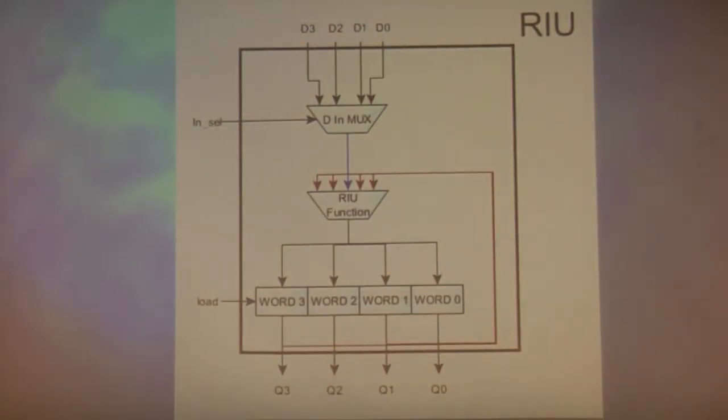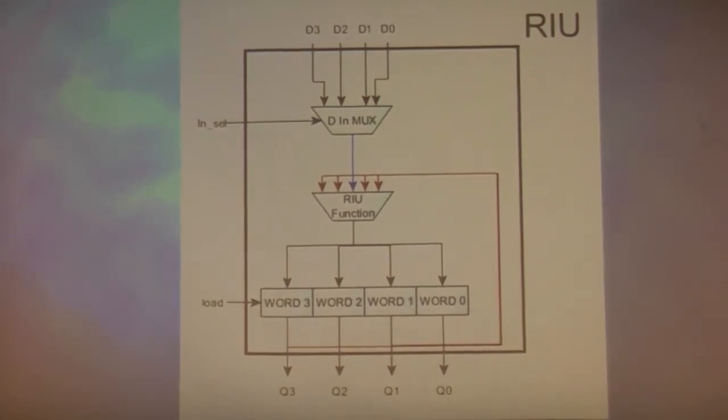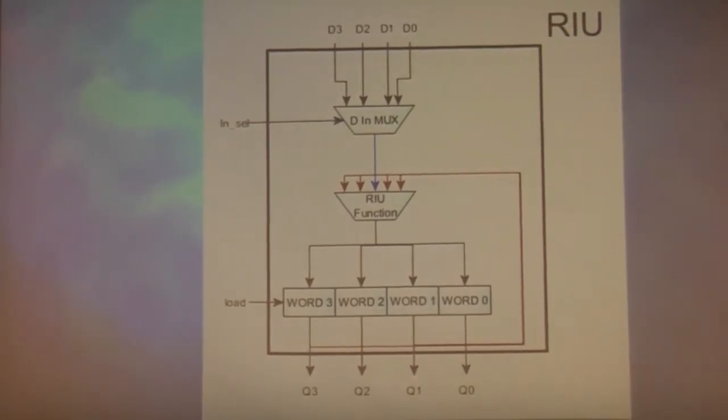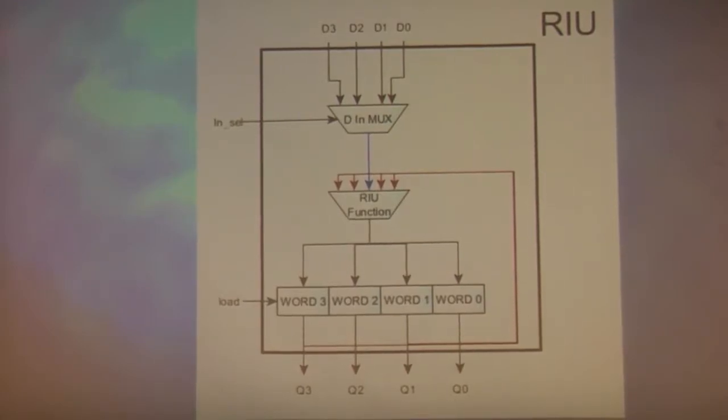And here's our REU. The REU is much like an IDP. It has data going in, it has a function, it has 8 functions. Some functions are for flooding each of the words. So one might put, like, register 1 is loaded with FFFF.